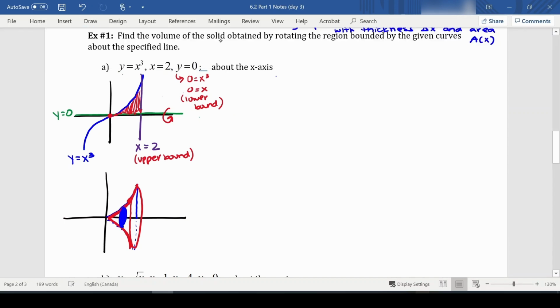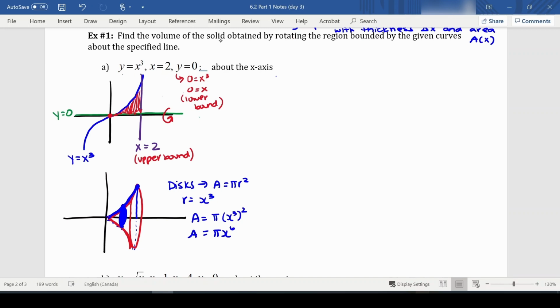This is what each slab would look like. Okay. These are going to be discs, which means our area is pi r squared. In this case, our radius is x cubed, that's our f of x, right? Our radius will change as I move along this top bell portion, which means our A is pi times x cubed squared, or pi x to the power of 6.